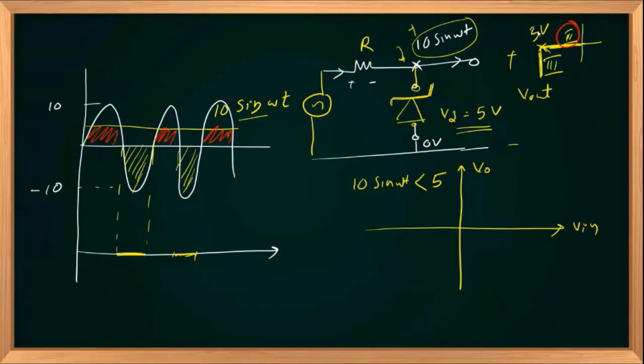When it is in open circuit mode, again there is no drop across resistance R, as we discussed earlier. No drop across R implies V out is the same as the input voltage.